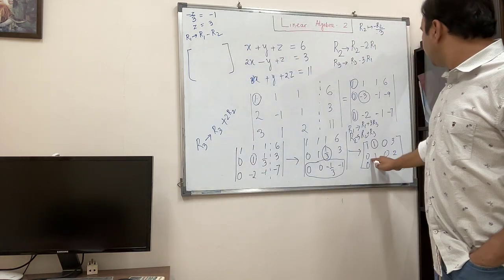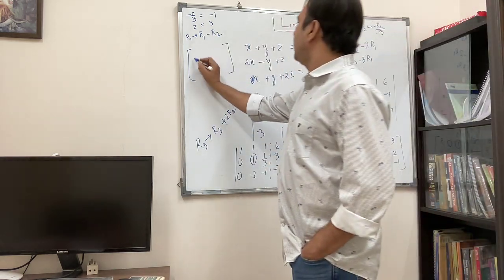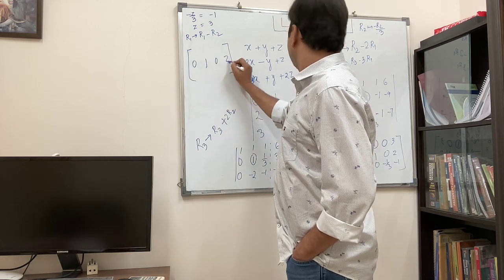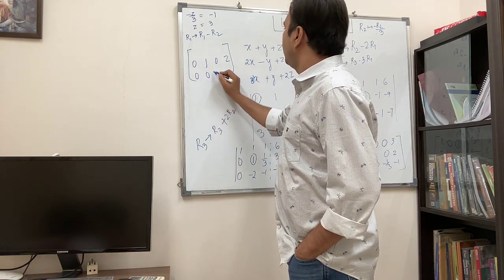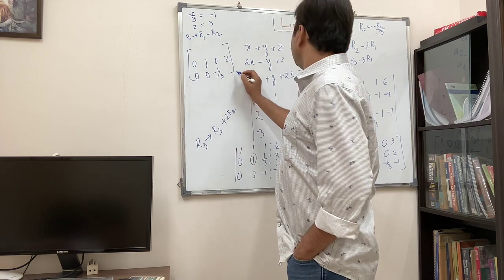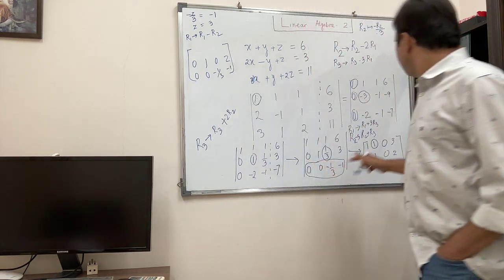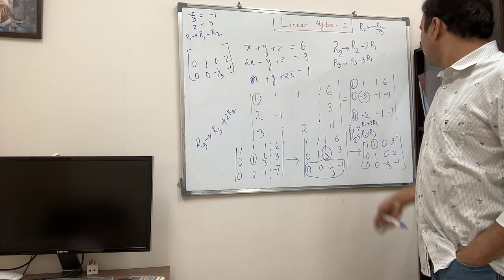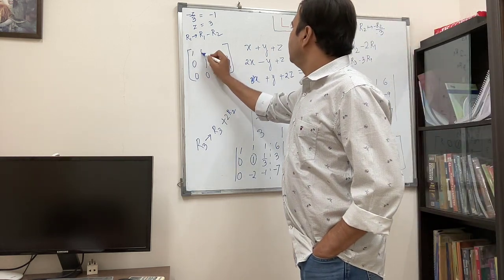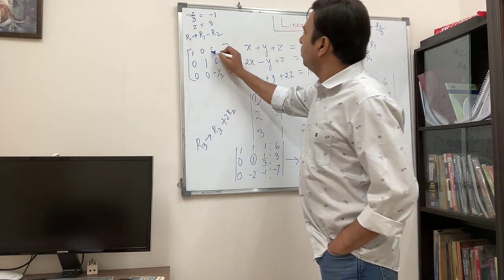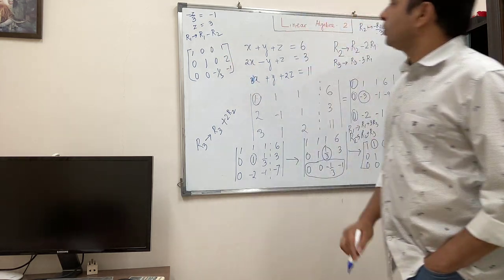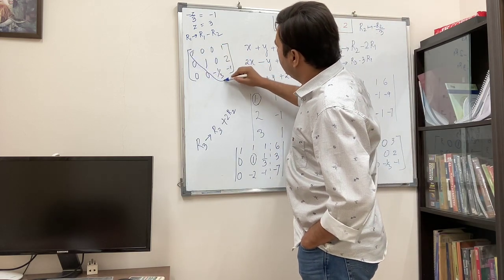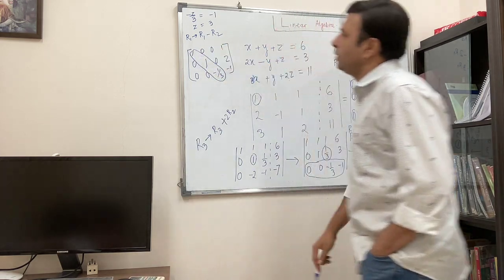So I just subtract this from this. What will happen if I do that? The other things stay the same. So let me write the other things first: 0, 1, 2, 0, 2, 0, 0, 1 by minus 1 by 3, minus 1. And if I subtract this row from this row, it will be 1, 0, 0, 1. So now you see that I have made everything 0 except the diagonal, and this is directly giving me the solution.